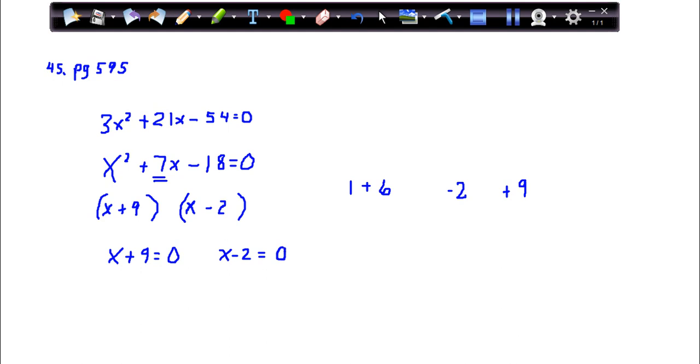So we can say that if x plus 9 equals 0, then x must be equal to negative 9. And that is true. If x minus 2 equals 0, then x must equal 2. And I hope you see that, okay? That's all. x equals negative 9 is your answer, and x equals a positive 2 is your answer.